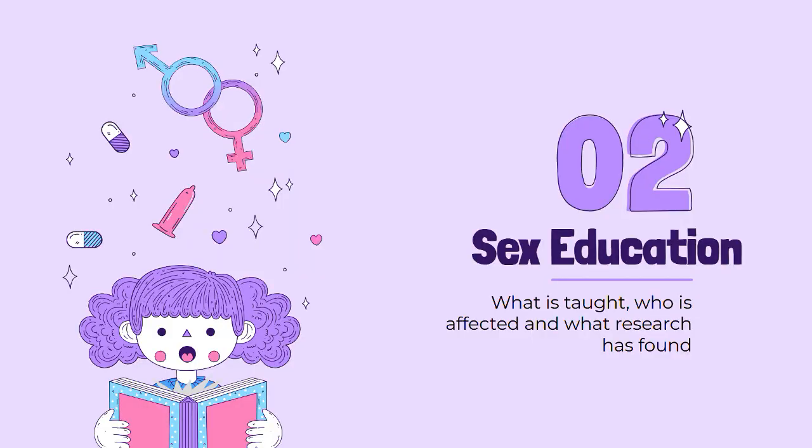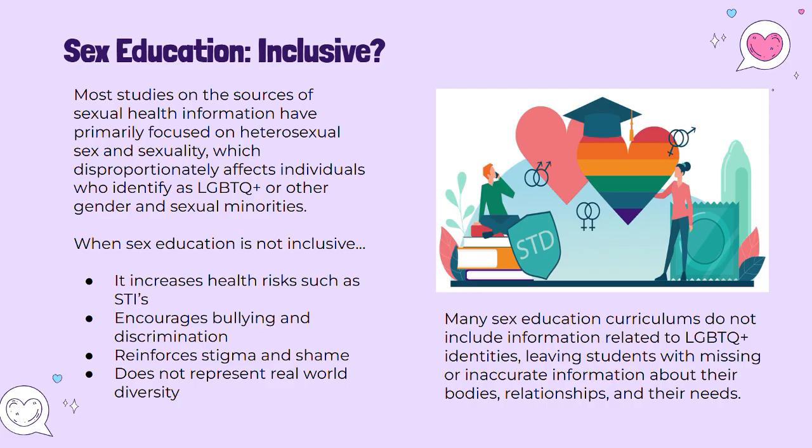So for our next section, let's get into sex education, what is taught, who is affected, and what research has found. Most of the studies on the sources of sexual health information have primarily focused only on heterosexual sex and sexuality, which disproportionately affects individuals who identify as LGBTQ+ or other gender and sexual minorities.